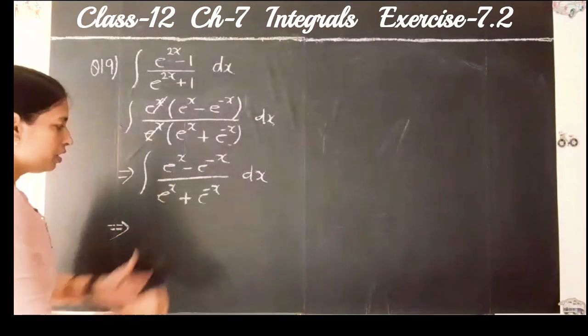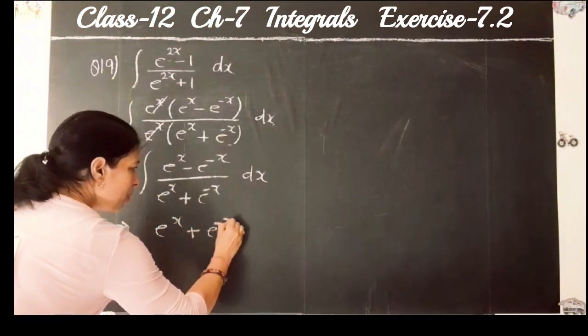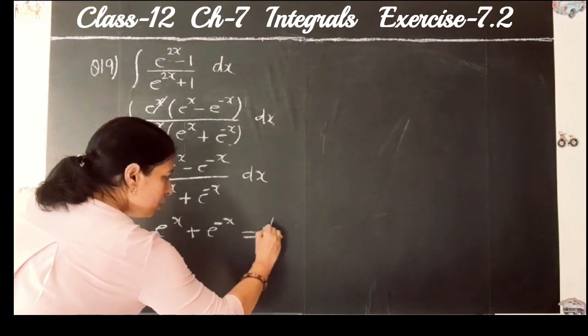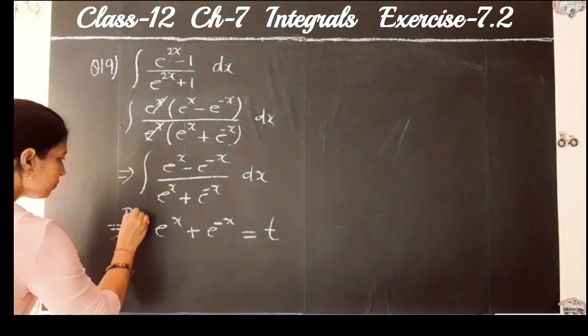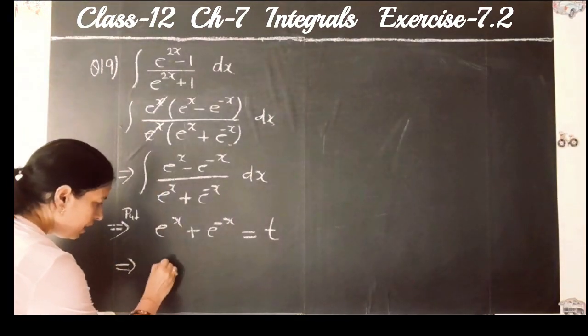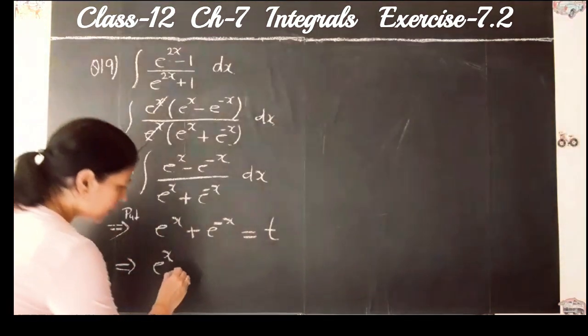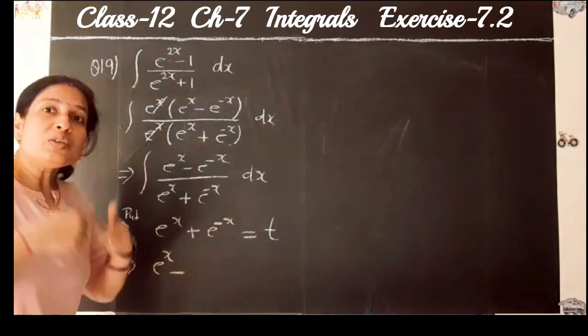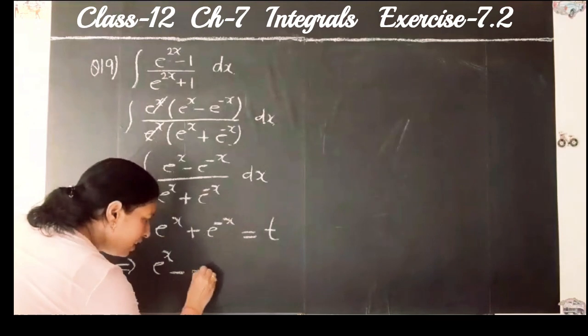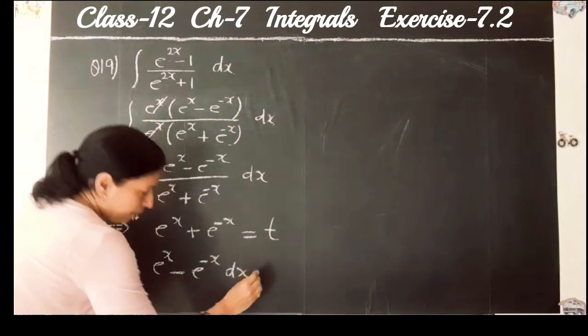Now we can put e to the power x plus e to the power minus x is equal to t. Put here. Then differentiate it. We get e to the power x, the derivative of e to the power x is e to the power x, minus the derivative of e to the power minus x, which will be minus e to the power minus x dx.